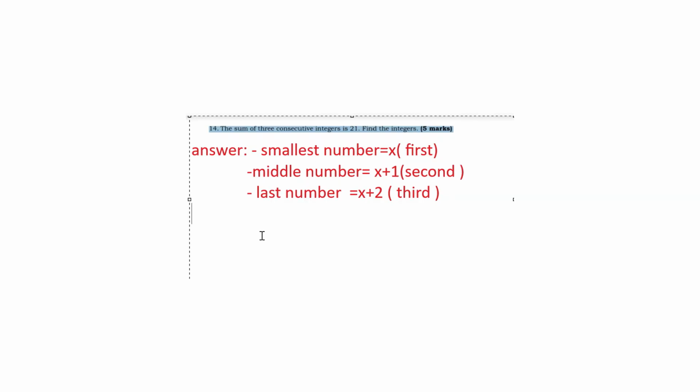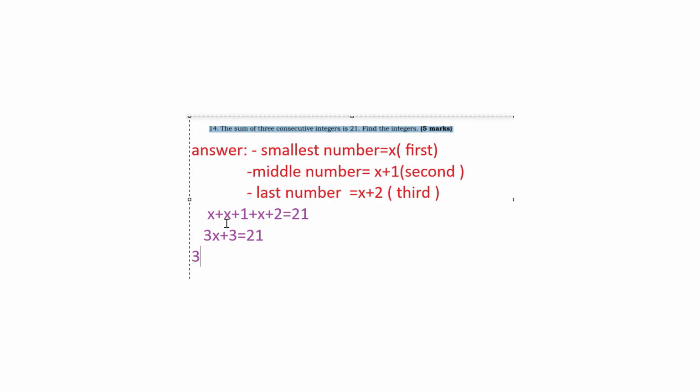So here's the answer. We have x plus x plus 1 plus x plus 2 equal to 21. Then we have 3x plus 3 equal to 21.